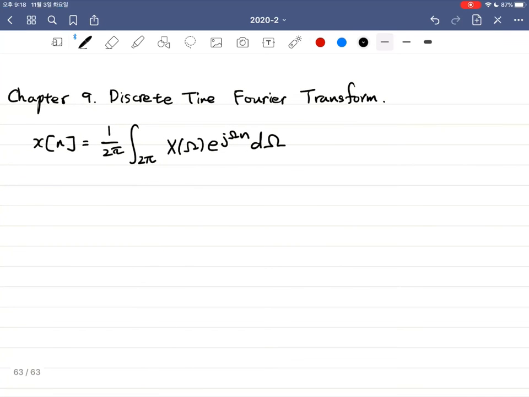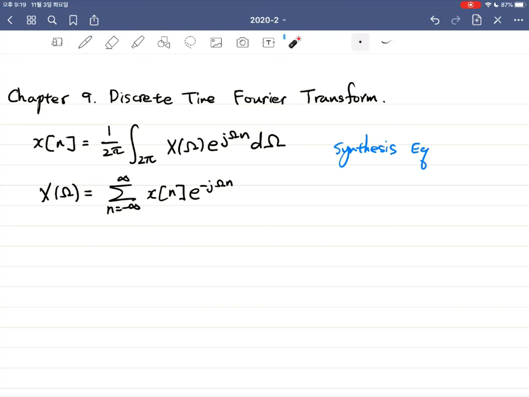And then we had this Fourier transform analysis equation, where we do the summation from minus infinity to plus infinity of x of n times e to the minus j omega n. So this was called the analysis equation.